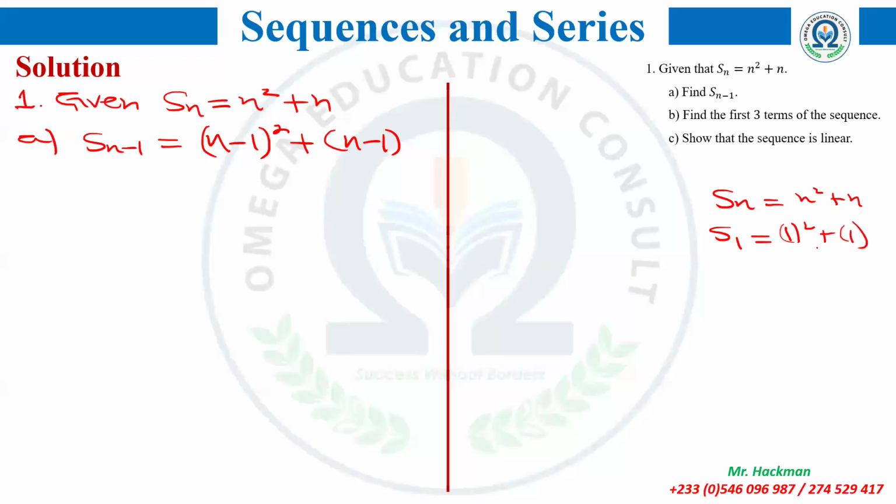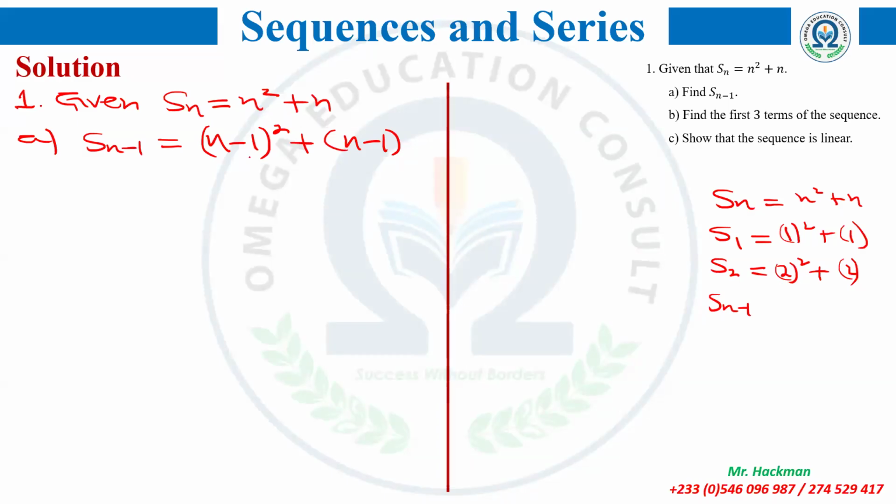And remember, I told you anything that you substitute, for convenience sake, put it in brackets. So 1 in bracket squared. If you're asked to find S sub 2, what would that give you? 2 squared plus 2. Now, if you are asked to find S sub n minus 1, wherever you see n, it will now be n minus 1.